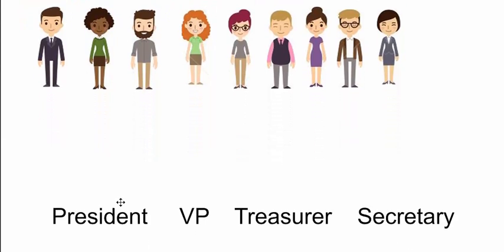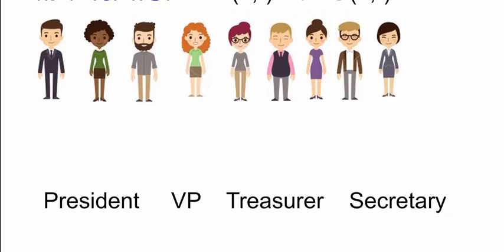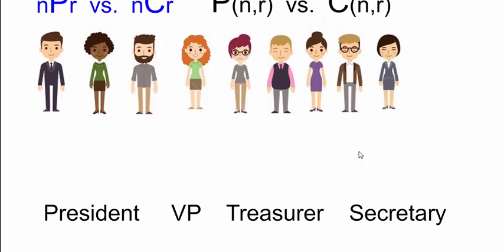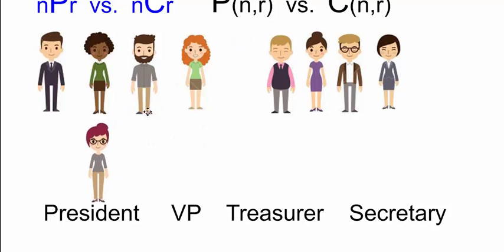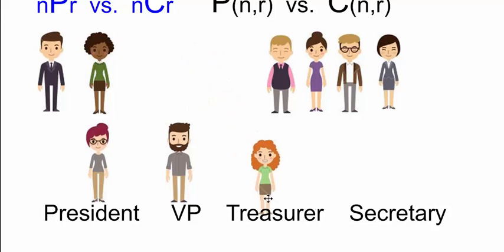More specifically, the classic way to look at it is, if this is our group we're choosing from and we're trying to choose a president, a vice president, a treasurer, and a secretary, and then I go through and say, well, we're going to do this kind of setup here.